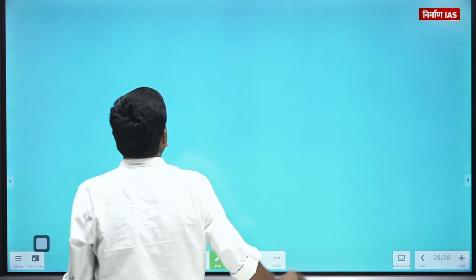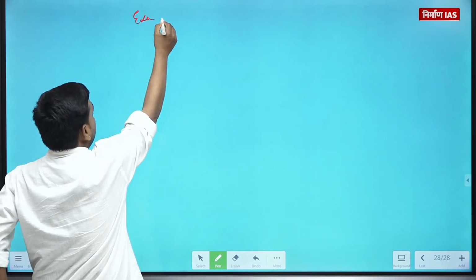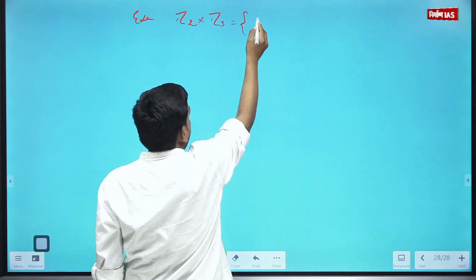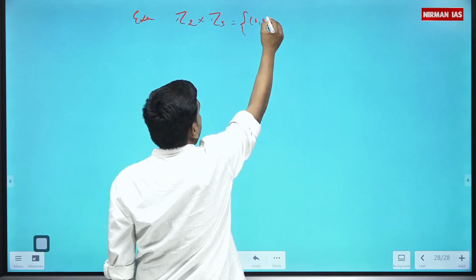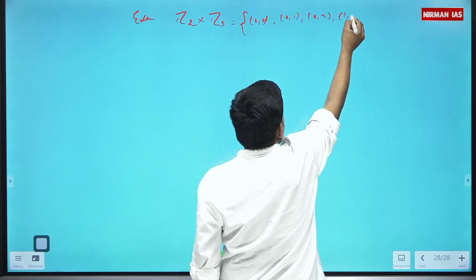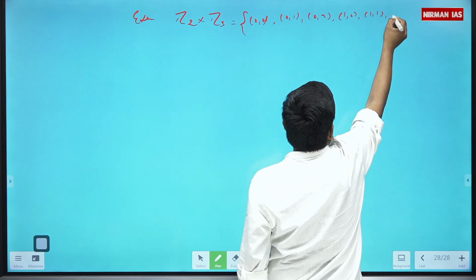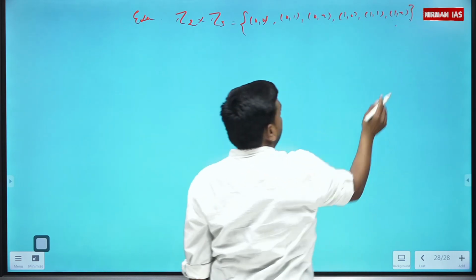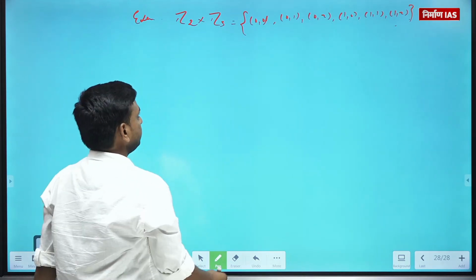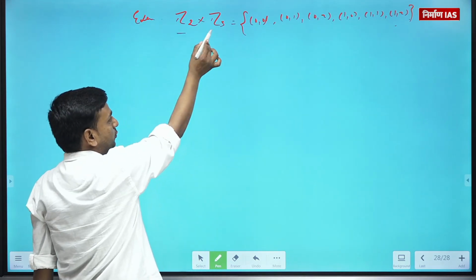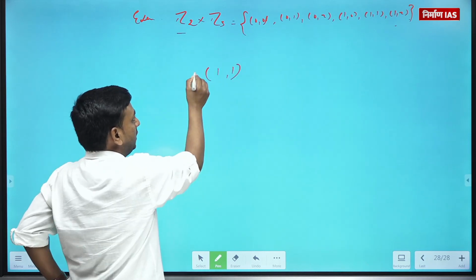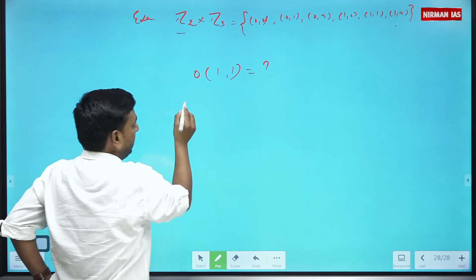In the same manner, I can discuss another example also. Let's say I discuss Z2 cross Z3. So what are the elements? (0,0), (0,1), (0,2), (1,0), (1,1), (1,2). Those who are not getting this, please do the previous lecture. This is just the Cartesian product of these two sets. Now let's say I want to check the order of (1,1).